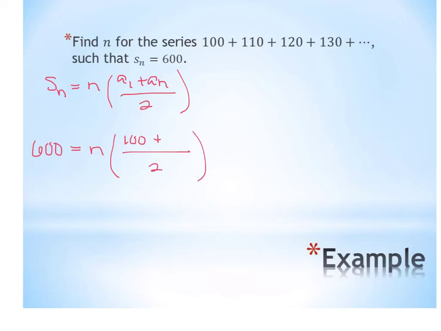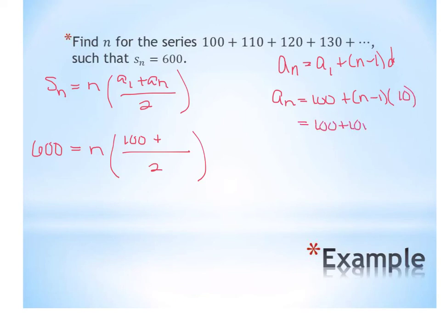Okay, so the first thing we have to find is what is my last term, and that I get from the fact that a sub n equals a sub 1 plus n minus 1 times d. So a sub n equals 100 plus n minus 1 times 10, that's my common difference, 100 plus 10n minus 10, so it looks like we have 90 plus 10n.